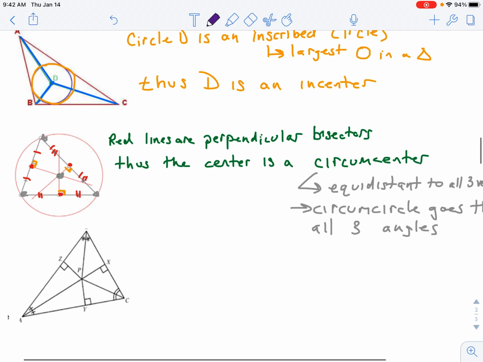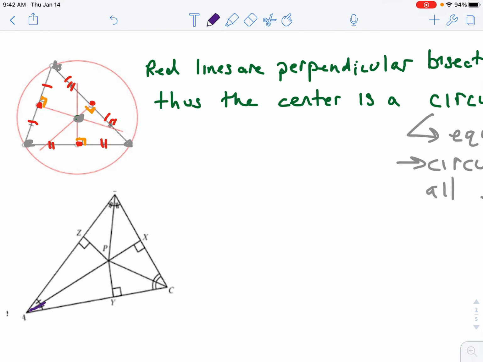This last one, these lines, so this is going to kind of emphasize some other things I was talking about. These lines are angle bisectors. All right, actually, let me do it like this. We'll just do it to the line.